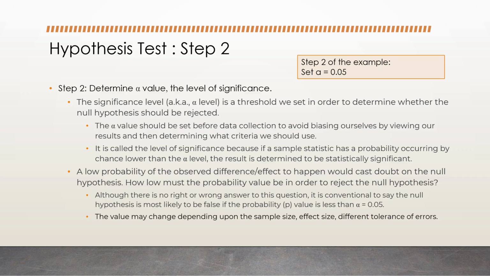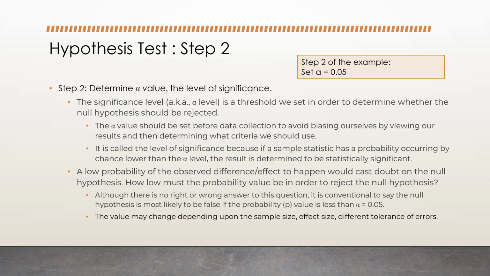Step 2 is when we determine the alpha value, which is the level of significance. The significance level is a threshold we set to decide whether the null hypothesis should be rejected.